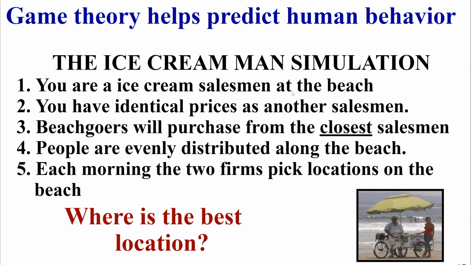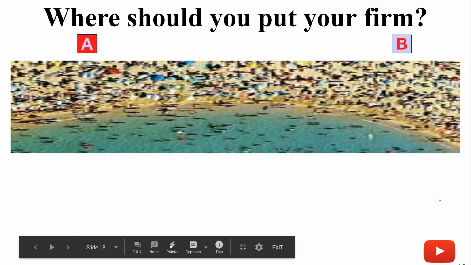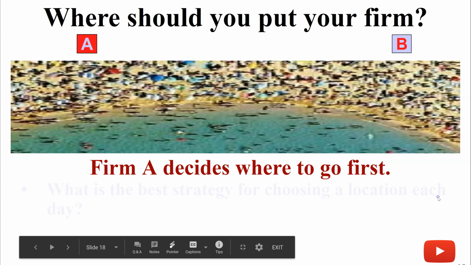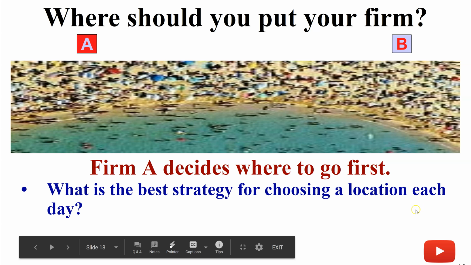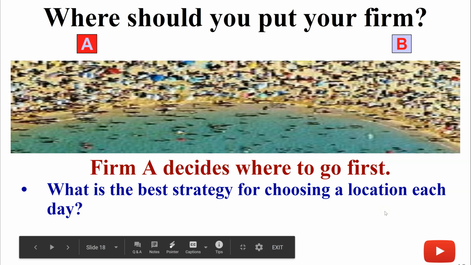And so what we see in this video playing out is this game being played by these two characters that are trying to figure out the best location and where they should put their firm, essentially ice cream A and ice cream B. And what we see is they're going to make decisions based on where the other one chooses. So once A goes somewhere, B is going to strategically place themselves somewhere on the beach that is going to help them to maximize their revenue.